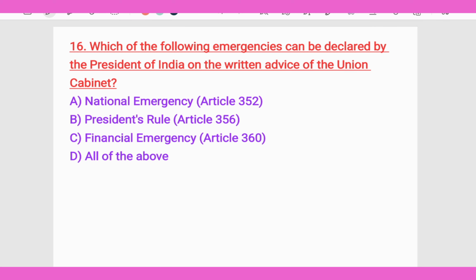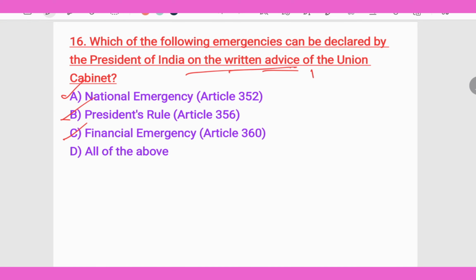Next question is, which of the following emergencies can be declared by the President of India on the written advice of the Union Cabinet? Basically, there are 3 types of emergency: national emergency, Article 352; state emergency, Article 356, or president's rule; and Article 360, financial emergency. All 3 emergencies can be declared by the President of India, but on the written advice of the Union Cabinet.